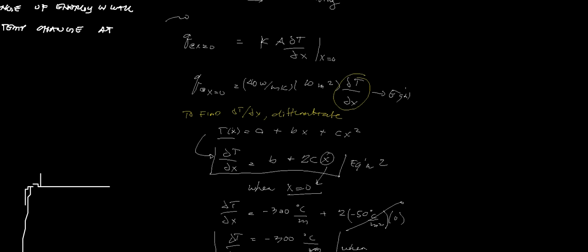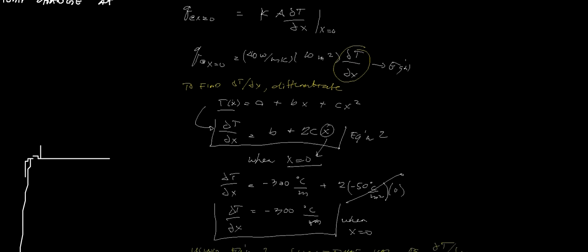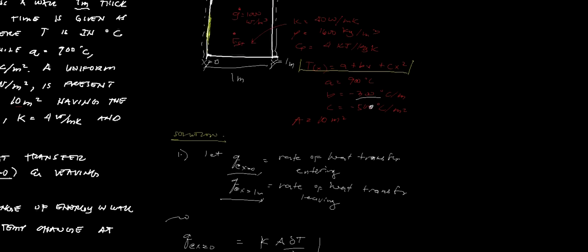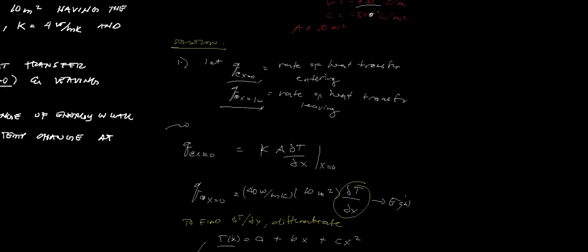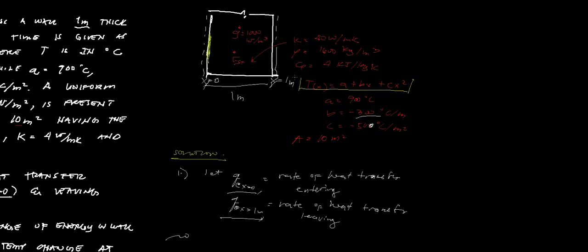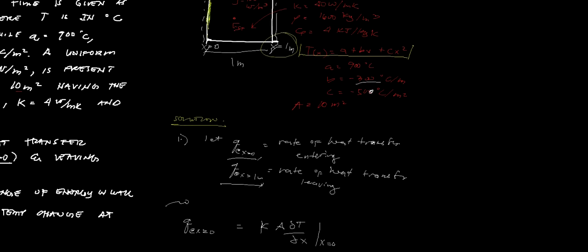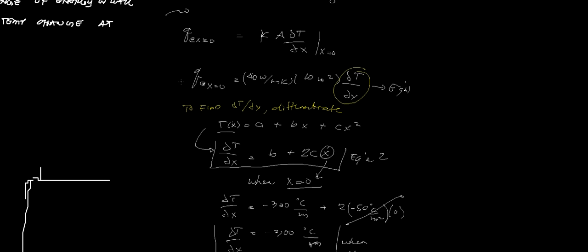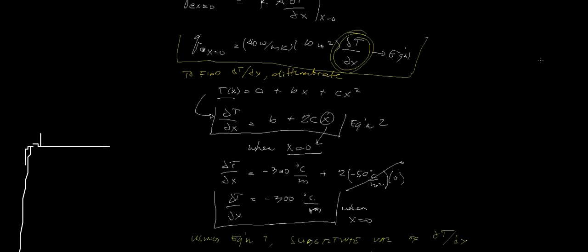So to solve for the value of our Q when our x is equal to 1 meter, we also need to determine our dT over dx when x is equal to 1.